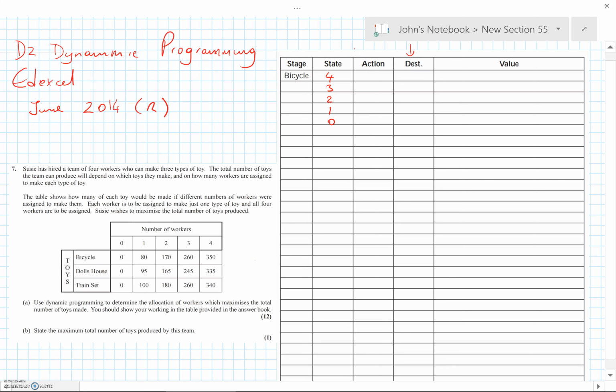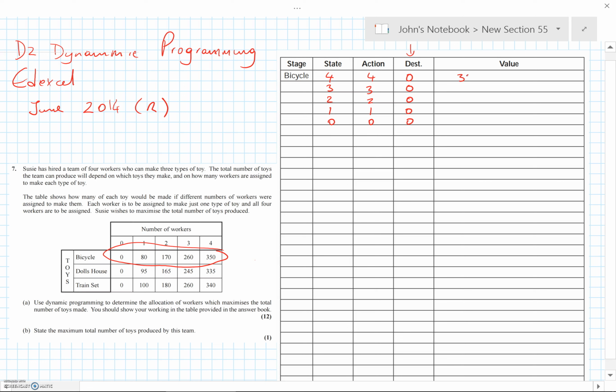And because bicycle is being considered last or first, depending on how you look at it, but last, there won't be any available for the following task. So that's 0 in the destination column, and action is just the same as the state column in this example. So we're pulling the numbers from here for this table because we've not got anything else to consider at this stage.